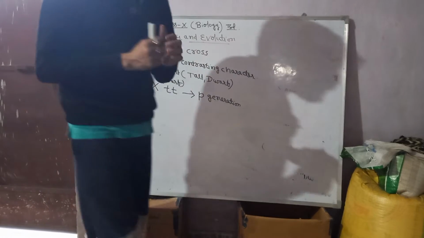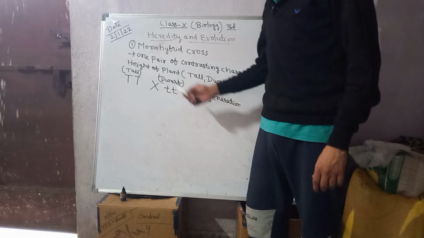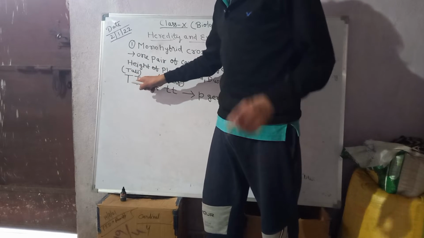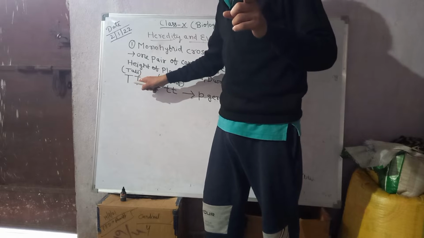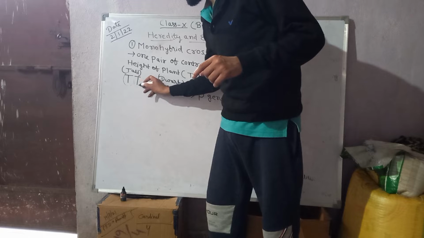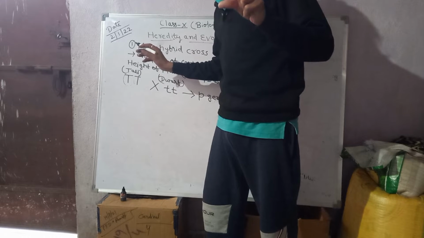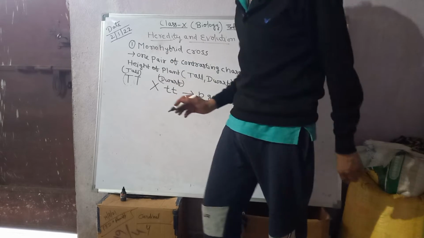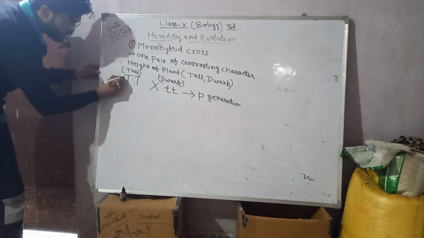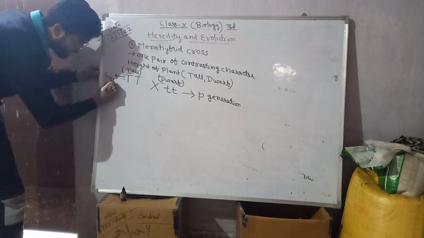Now my dear student, this tall plant means capital T and capital T. Two capital T are there, and in the case of the dwarf also, two small t are there. So these two are the genes. Means in a pea plant, two genes are present. This is one gene, one capital T, and the second capital T. Both combined together, there will be two genes in the case of the pea plant. So this capital T and capital T is known as gene, or it is known as allele.